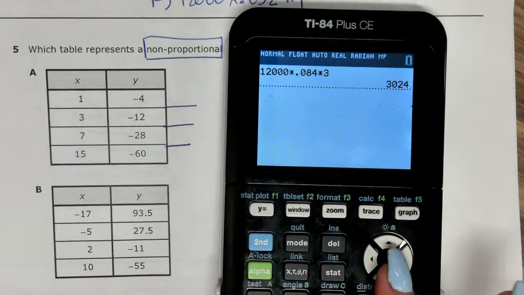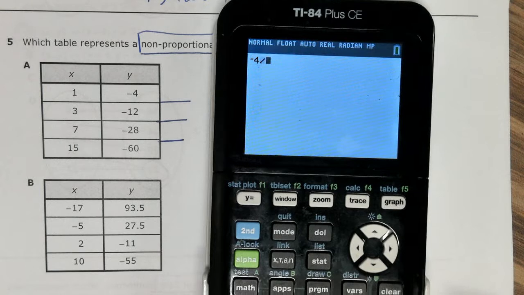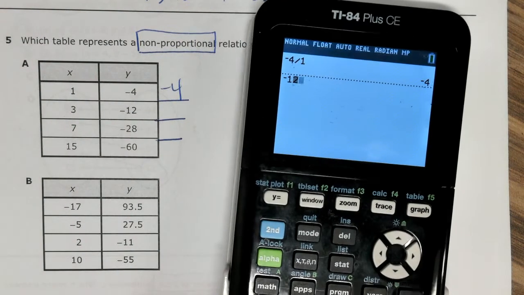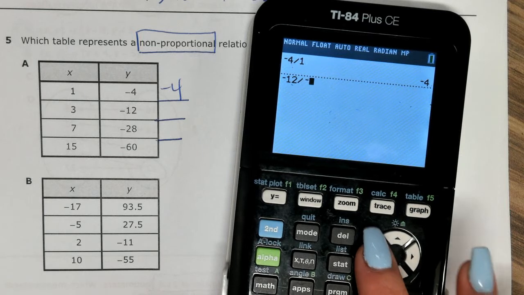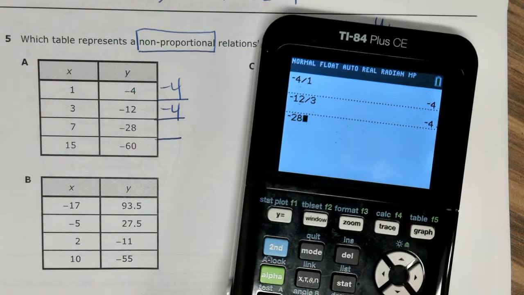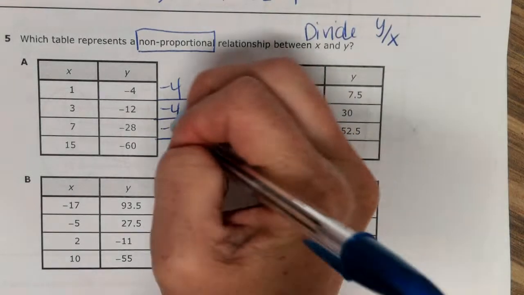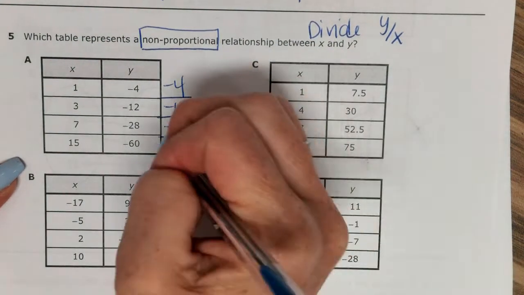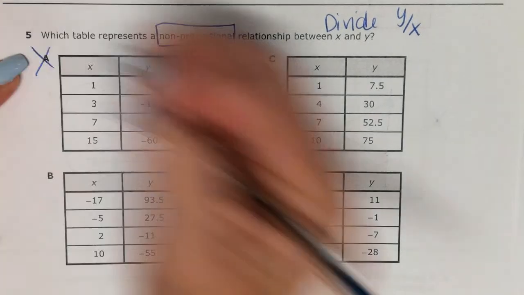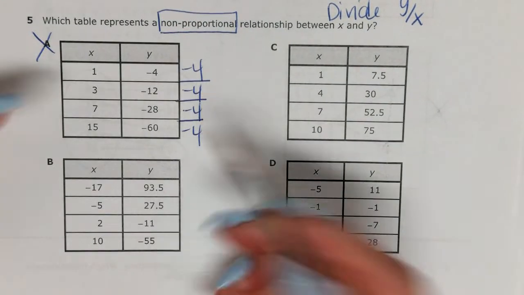So let's look at A. I'm just going to divide. -4 divided by 1, -4. -12 divided by 3, -4. -28 divided by 7. What is it? Is A proportional or non-proportional? Why is A proportional? Because you get all the same.